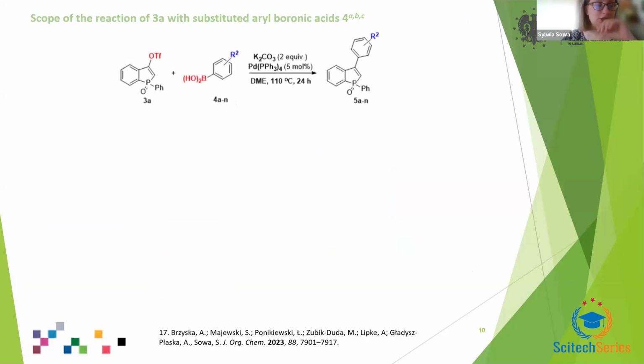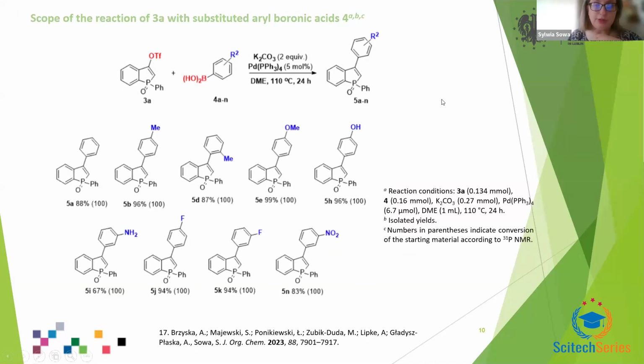Having the optimized conditions in hand, we subjected the model triflate 3A to the reaction with a variety of substituted boronic acids under the best conditions to get a variety of 3-aryl phosphine oxides 5.